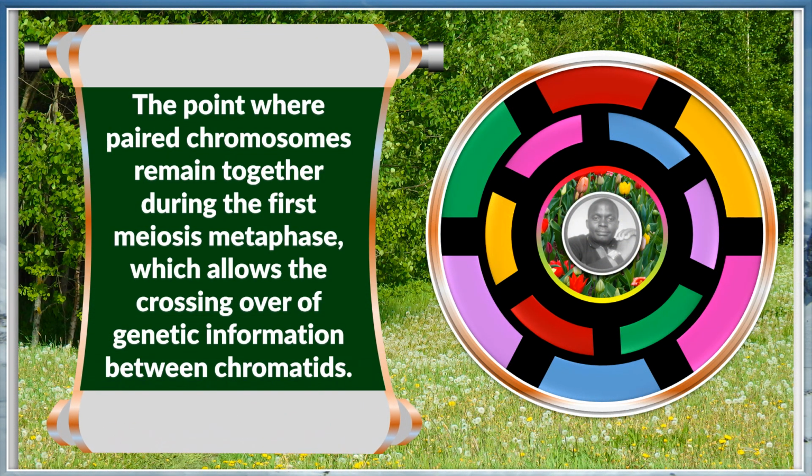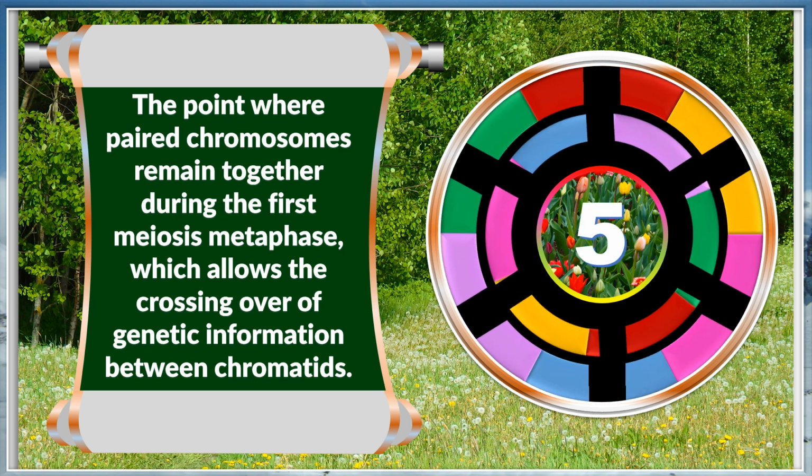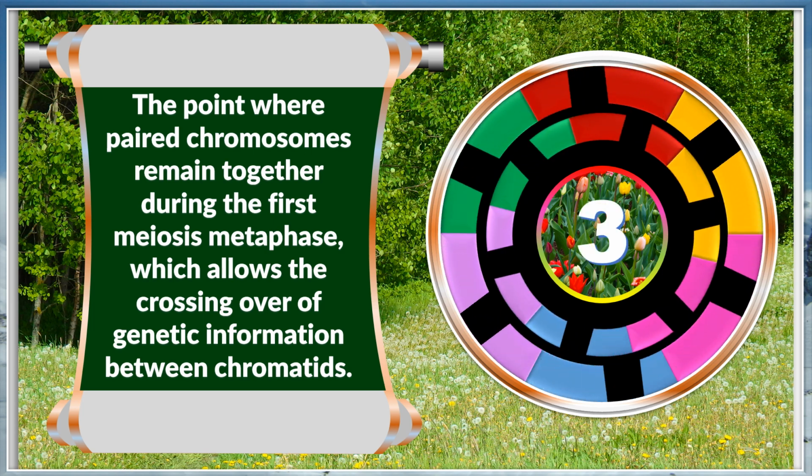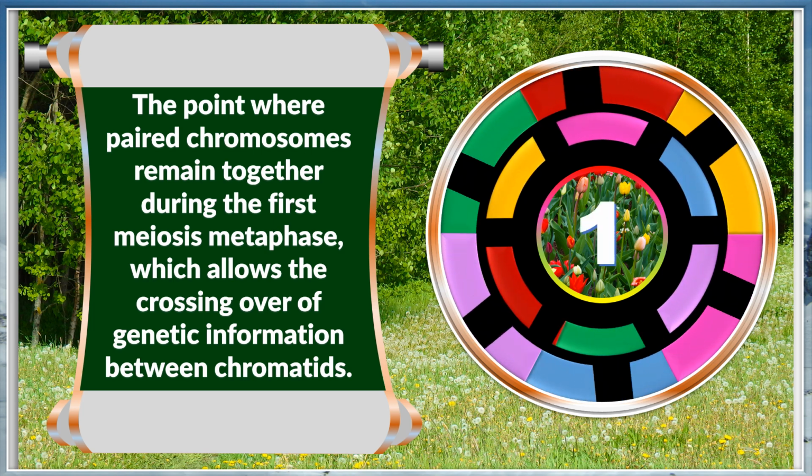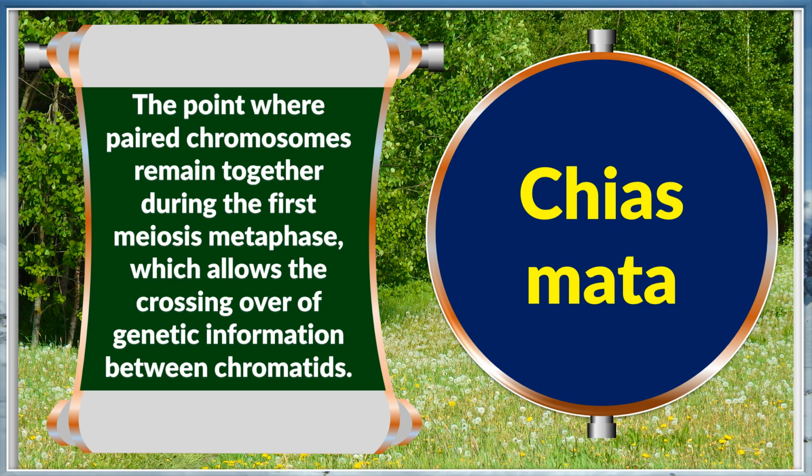The point where paired chromosomes remain together during the first meiosis metaphase, which allows the crossing over of genetic information between chromatids. Chiasmata.